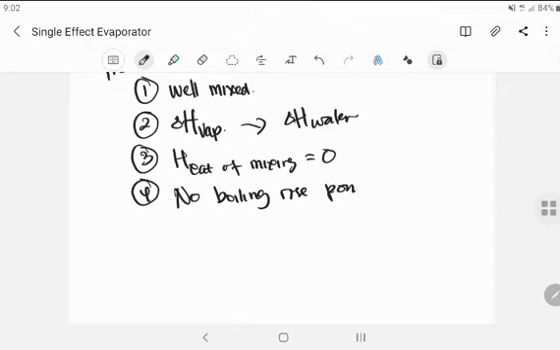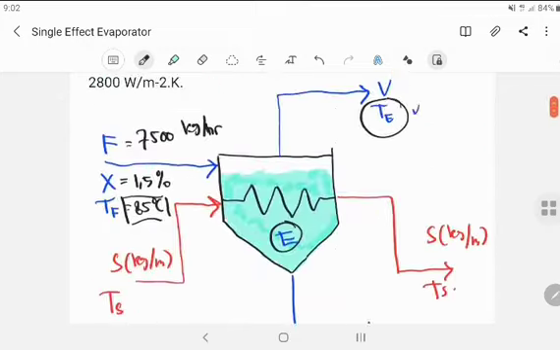Logically, when you have a solution with a certain amount of solid, and then the solvent is evaporated, of course the temperature of the solution inside the evaporator will change.